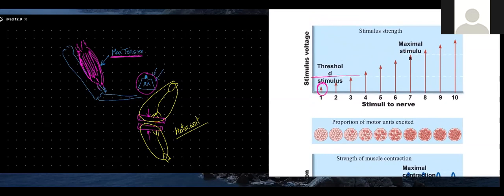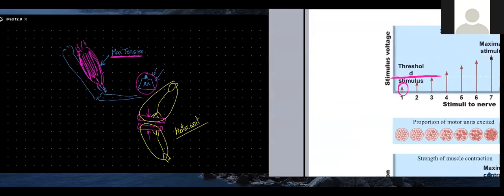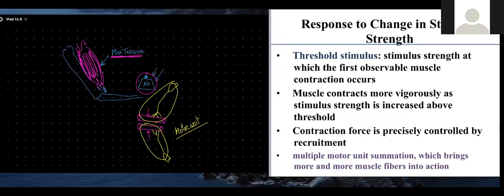This is called my threshold stimulus. Again, what is threshold stimulus? This is the stimulus strength at which the first observable muscle contraction takes place. This is the minimal stimulation at which I can notice that there is a muscle contraction in response.